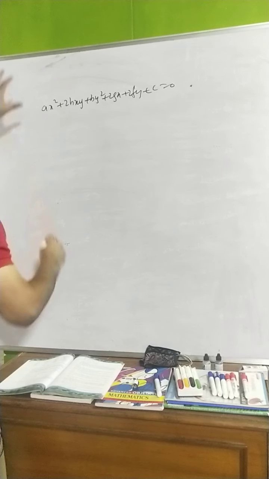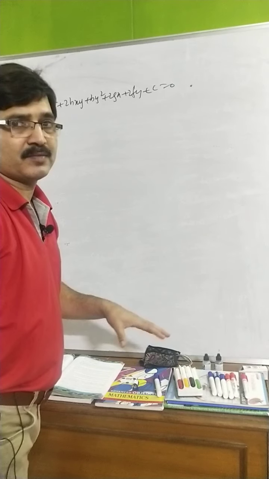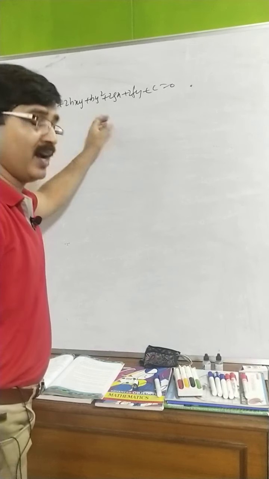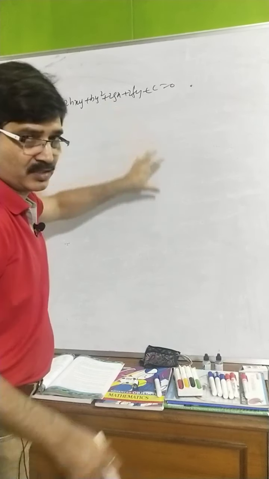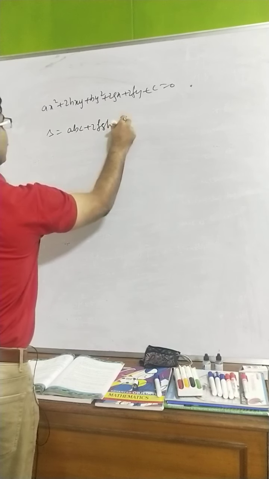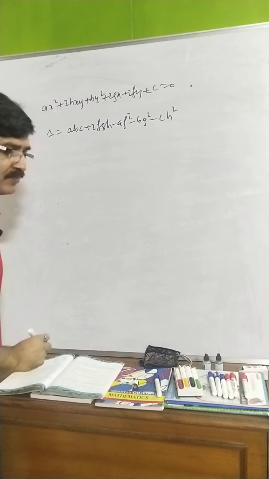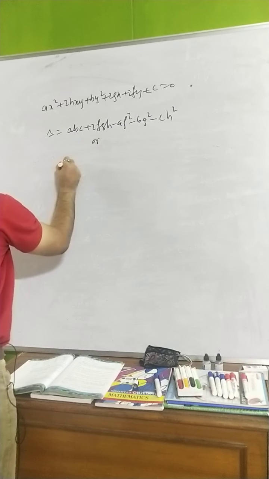You know very well that you have learned this in the topic of pair of straight lines, as well as in the case of circle, etc. Now, delta means abc plus 2fgh minus af square minus bg square minus ch square. Or else people want to write it like this also.